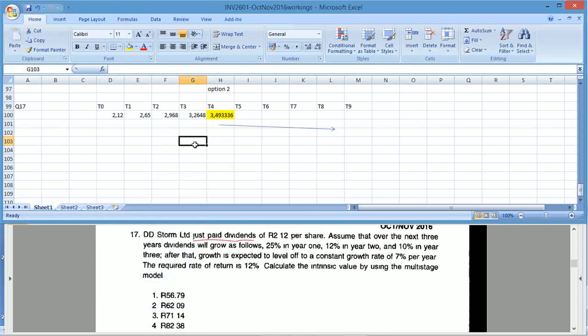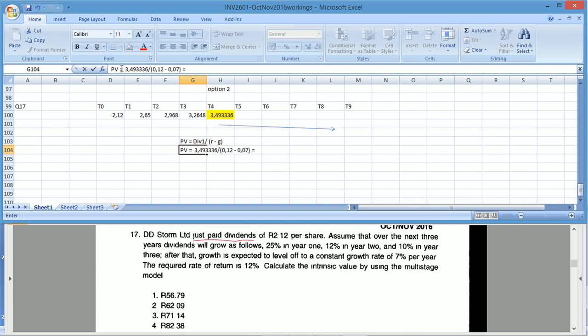So that's Gordon growth. PV equals div 1 divided by brackets R minus G, close brackets. First things first is to get that answer. So 3.493336 divided by open brackets R, which was the required rate of 0.12, less constant growth of 0.07, close brackets.